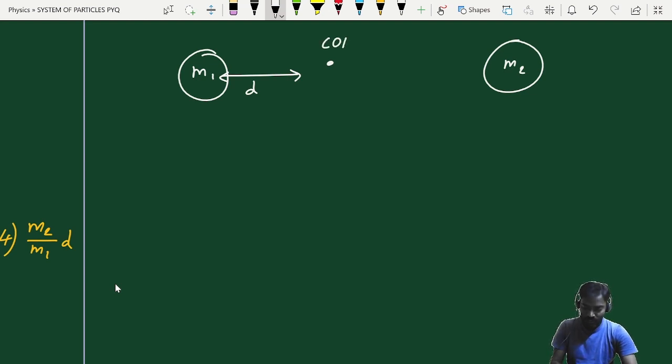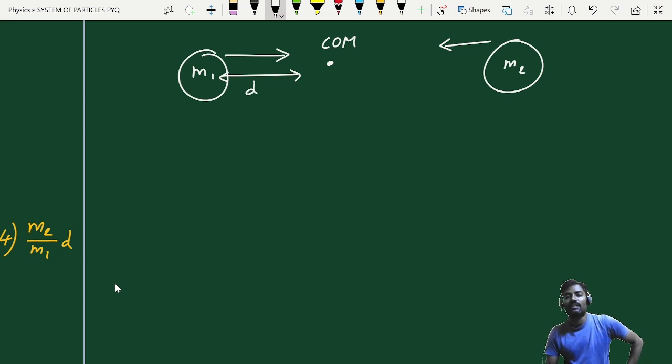See, this is the position of center of mass. Now from m1 it is at some distance, and from m2 the distance is the distance between the two particles minus this distance from m1. Now this m1 is shifted towards the center of mass. So to keep the center of mass there only, in which direction do we have to move m2? m2 must be moved towards the center of mass only.